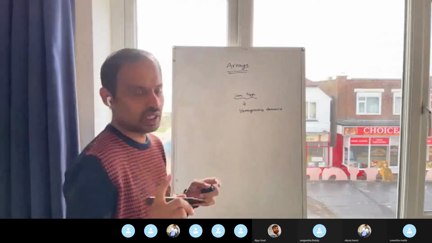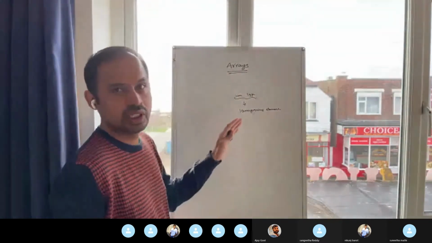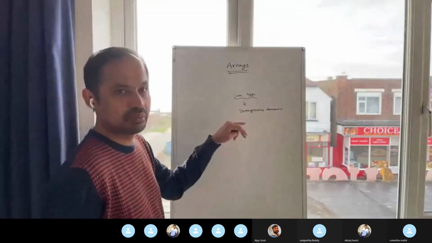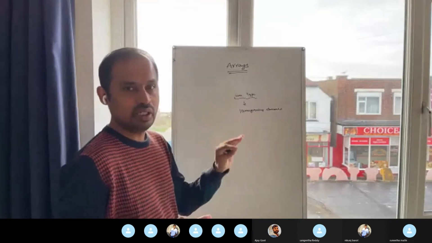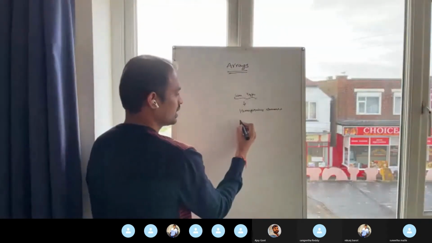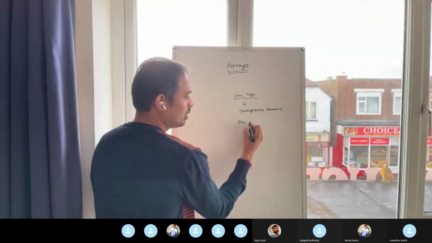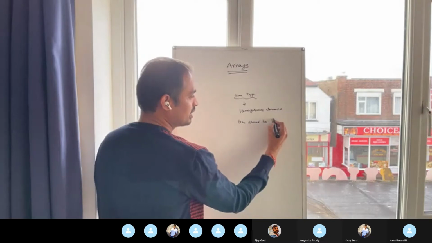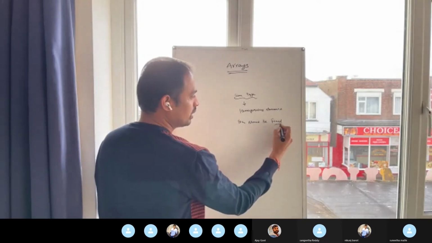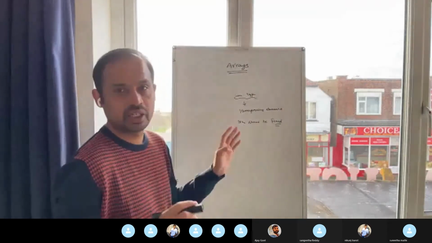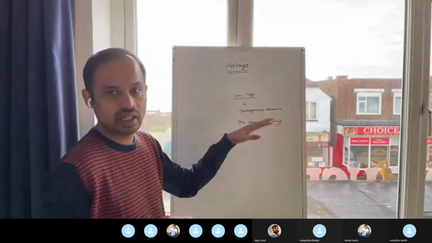You need to remember the word homogeneous. What is meant by homogeneous? Only one type can be used in an array. So homogeneous, and the size should be fixed. There should not be any variable size. We can't use variable size. Size should be fixed in an array.